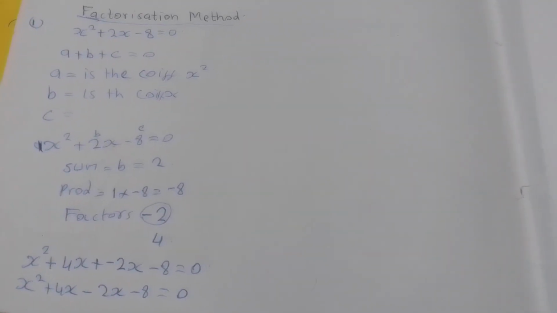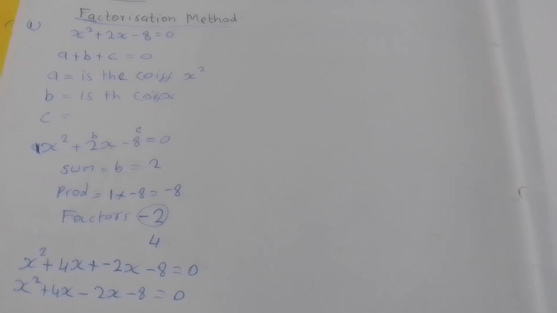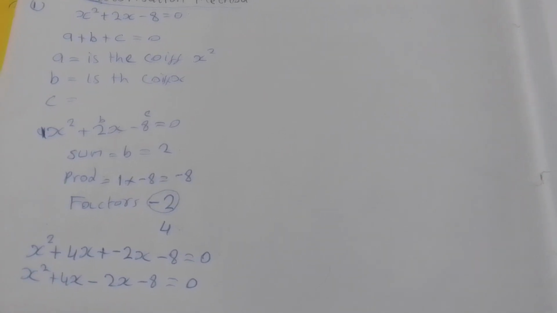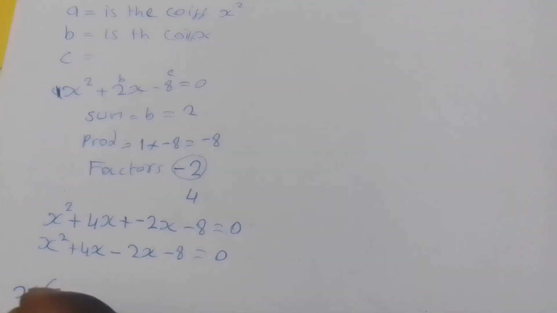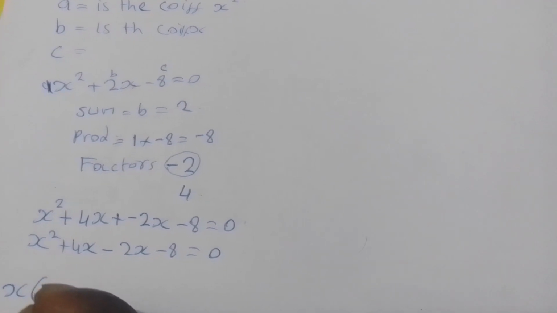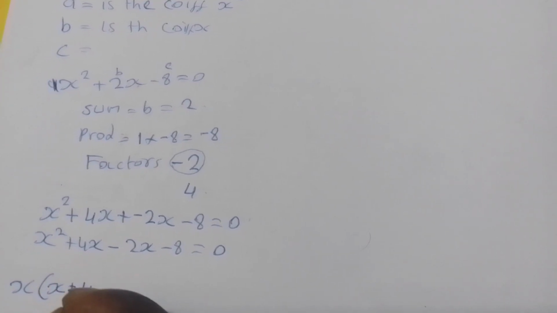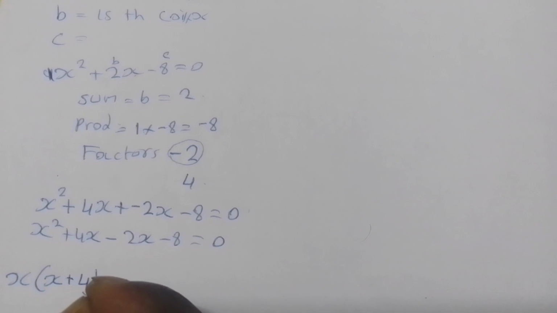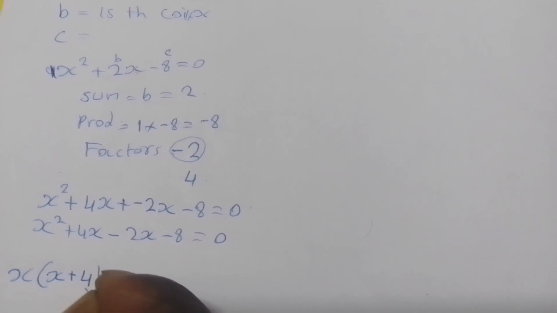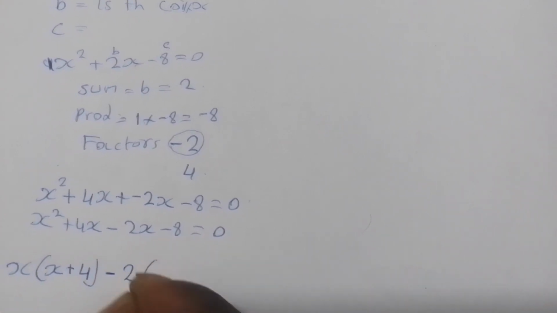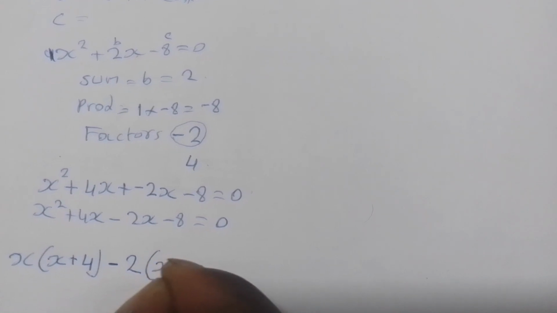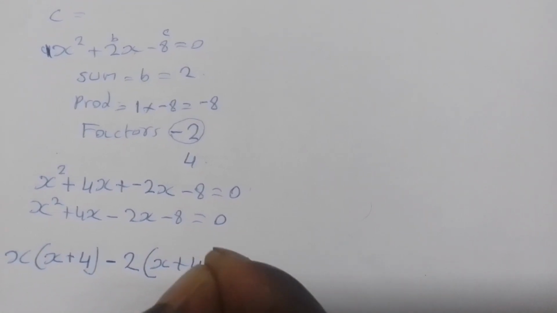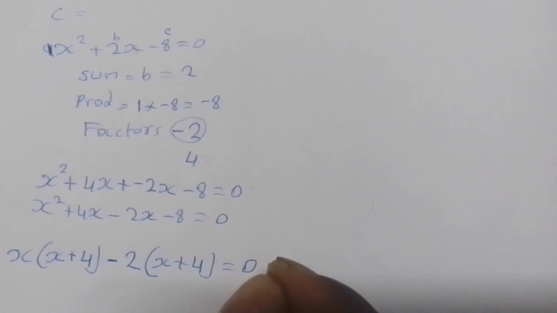In this case, factorize: x into bracket x plus 4, minus 2 into bracket x plus 4, is equal to 0.